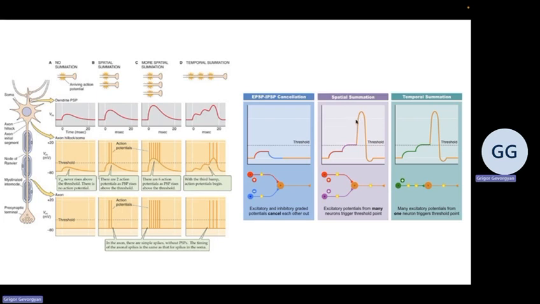As soon as the potential reaches about 0 millivolts, these channels shut down. They are fast, they shut down, and then you have this spike. When you reach the threshold level, you also open voltage gated potassium channels at the same time. But the interesting thing is they are not as fast as sodium channels.